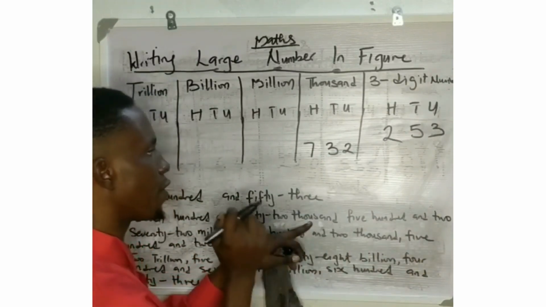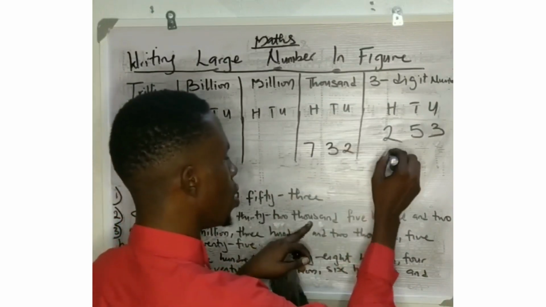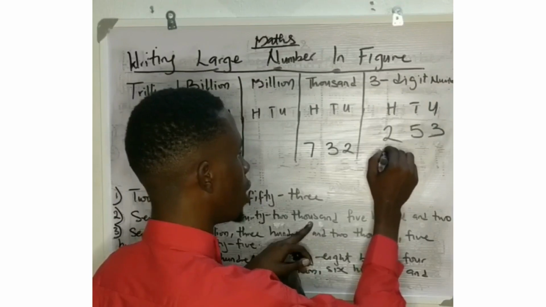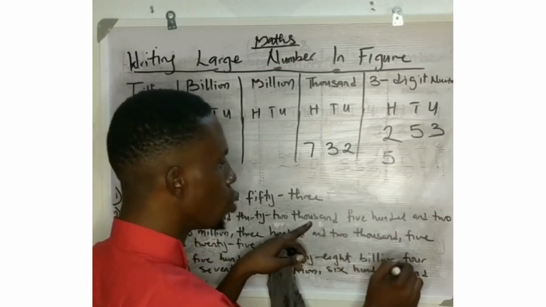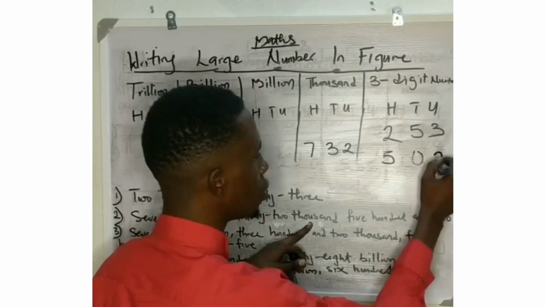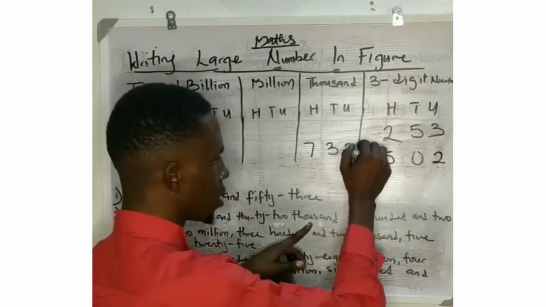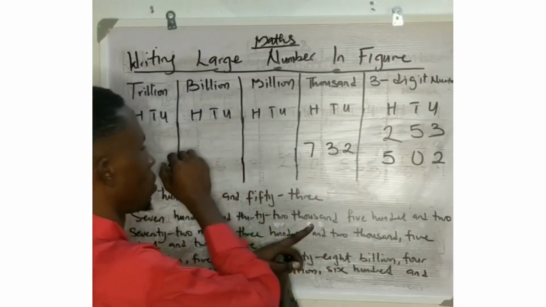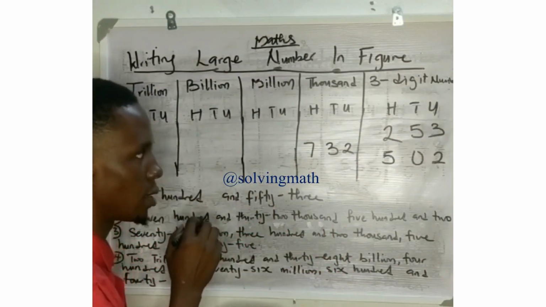Then 732,502. 502: you have 5, which is 5 under what? 100. And 2. We have only 2. You see, we are good to go. Now you see that writing these numbers in figure is easier.